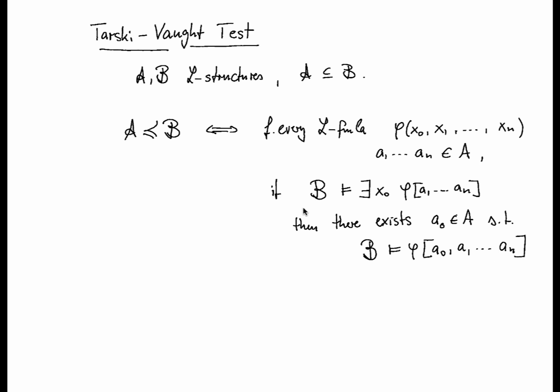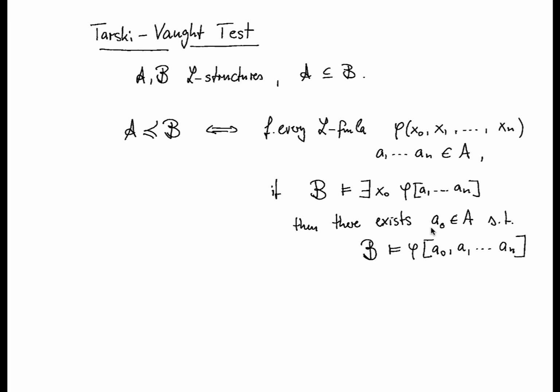So when checking for being an elementary substructure, we can restrict ourselves to just checking this witness property for existential sentences or formulas.